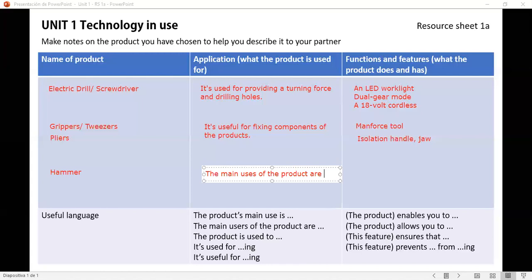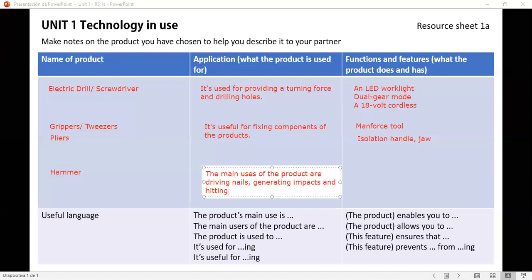Well, this is interesting. The main uses of the product are driving nails, exactly. We can also talk about generating impacts. And what about hitting?